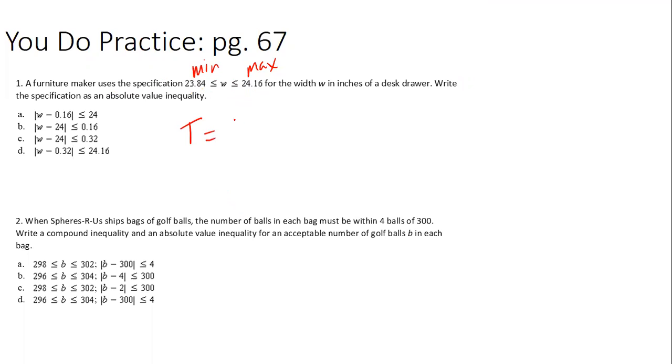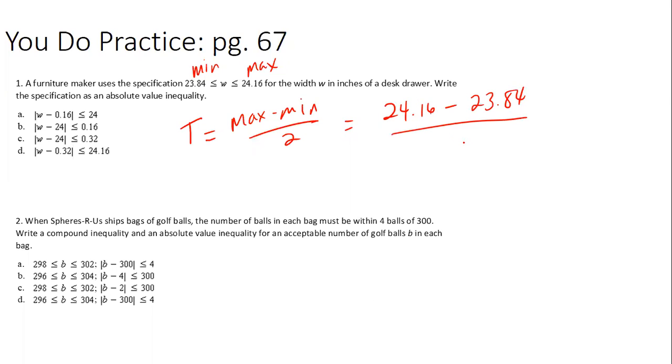Your tolerance equals your max minus your min divided by 2. Our max is 24 and 16 hundredths, our min is 23 and 84 hundredths, divided by 2. When I subtract those two, I get 32 hundredths. 32 hundredths divided by 2 is 16. So my tolerance has to be 16.